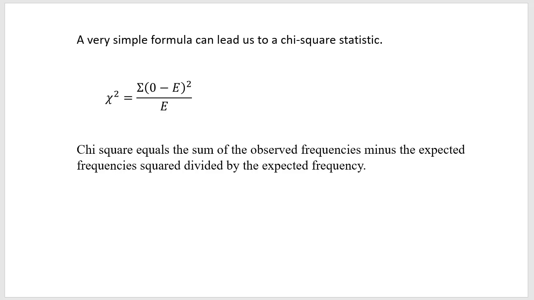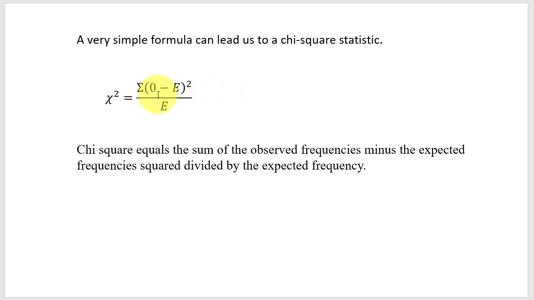So let's take a look at what this looks like. And boy, this kind of looks familiar. We've seen this format a lot in this class. We want to know what the sum of some value minus another value squared divided by another value is. In this case, we want to know what the sum of the observed minus expected frequencies squared is, divided by the expected frequency. It's fairly simple.